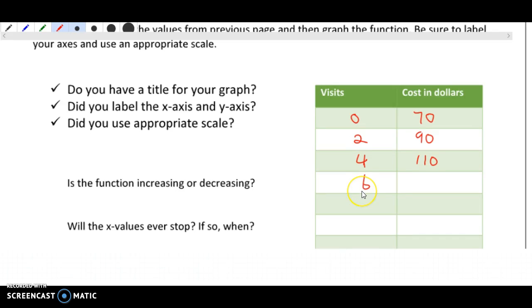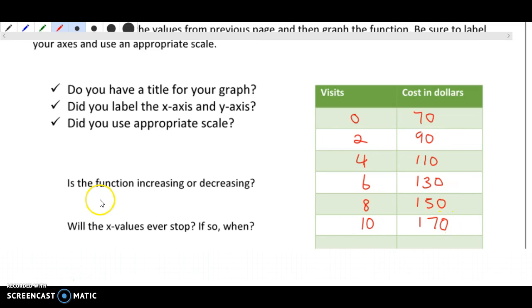So let's pick 6 visits, and if you follow the pattern, each visit is $10 more, so adding 2 more visits would be 130. We don't really need to do the math on the other page. We could actually continue. We could even do 8 visits and then 10 visits if you want, but I don't think we need to graph all those visits. So add 2 more, so it'll be 150 and 170.